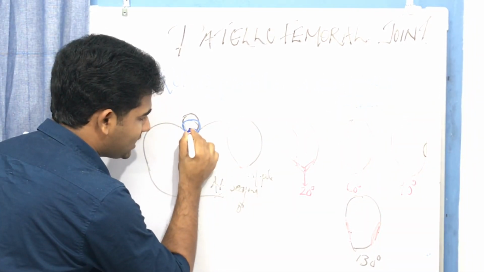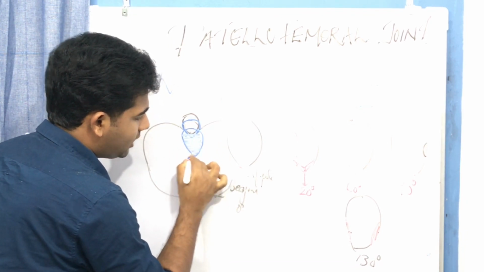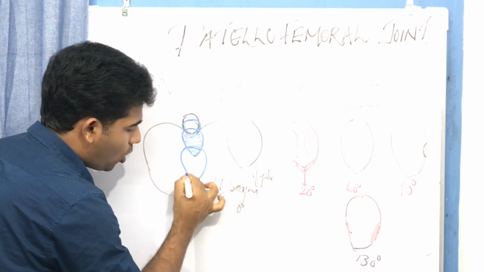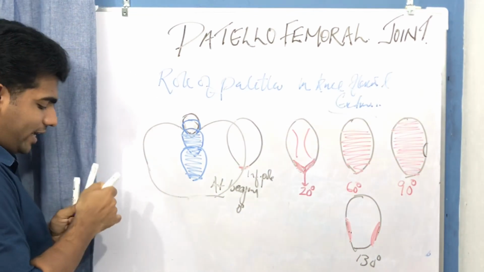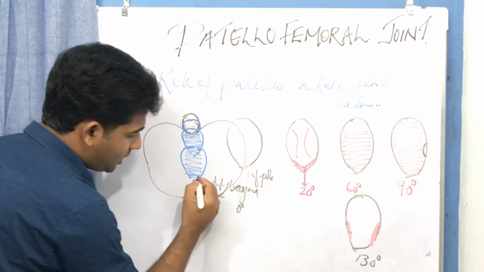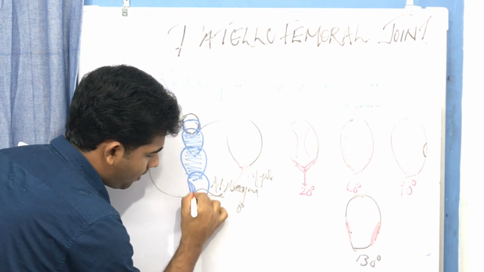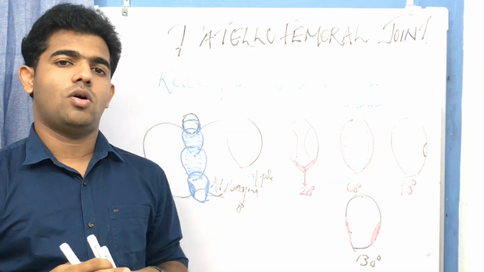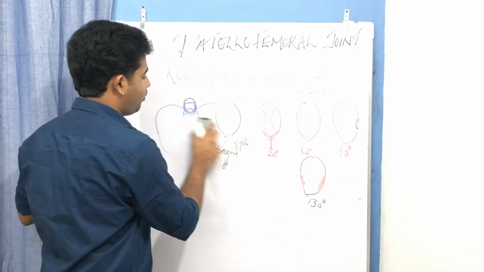When flexion increases a bit more, at 60 degrees, only the superior area is spared, all other areas are in contact. When flexion increases again to 90 degrees, almost all parts are in contact. When flexion increases further, the contact area decreases. And finally at 135 degrees, you have only a slight contact in the lateral facet and the medial facet or the odd facet. So this is how the position of the patella changes.